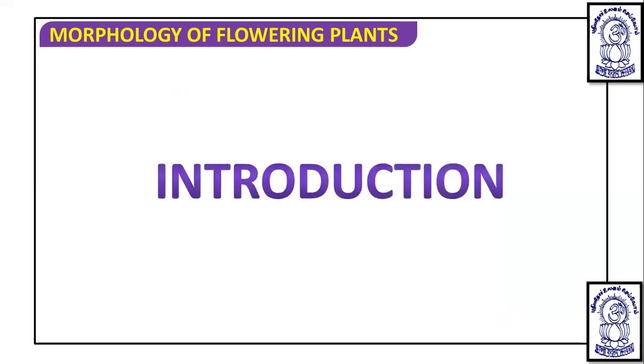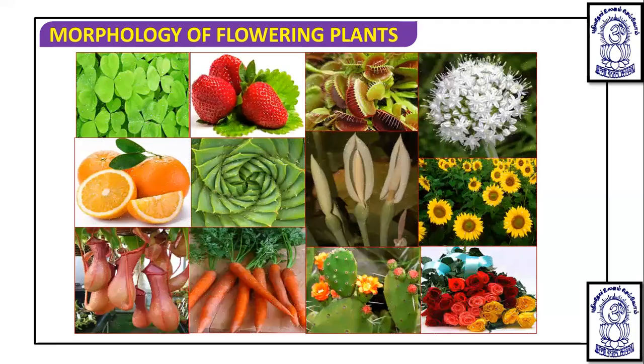If we start with some of the introductory part, these are the different flowering plants, and they are able to produce fruit as well. These angiosperms have the ability to produce a flower as well as fruit. Because of this, here we can see a diagram of flowers and fruit.